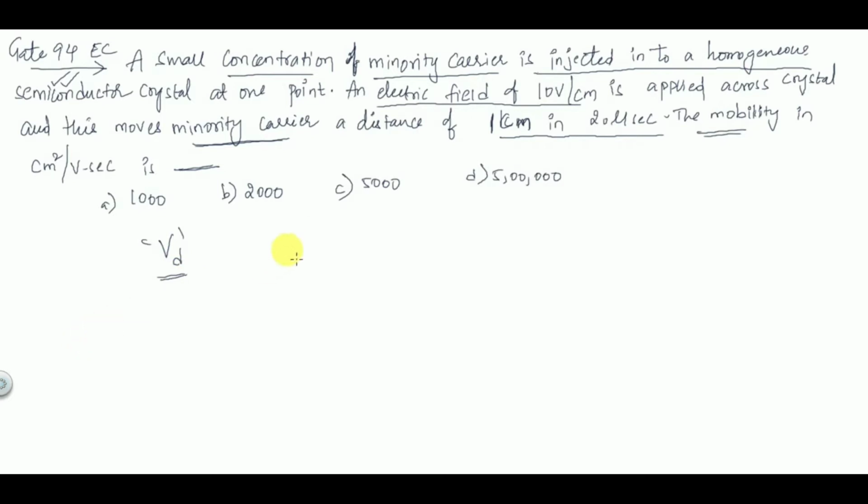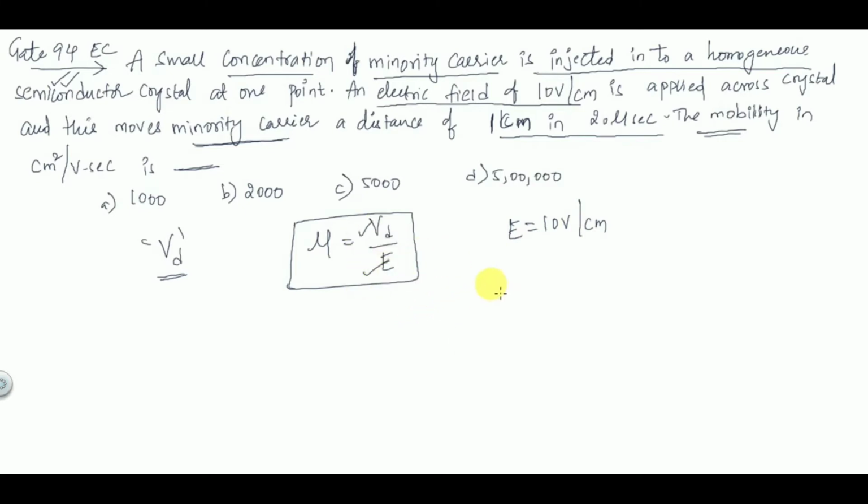Mobility in terms of drift velocity is given by mu is equal to Vd by E. This is what we have to find. E is already given, it is 10 volts per centimeter.